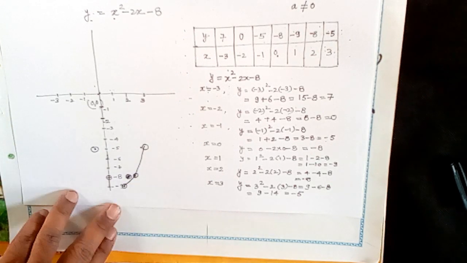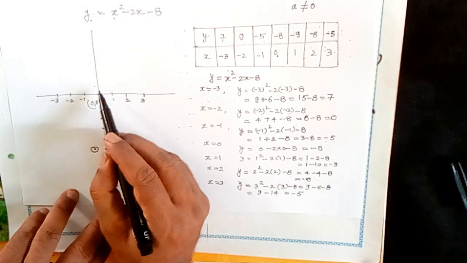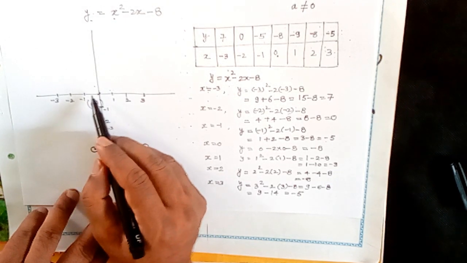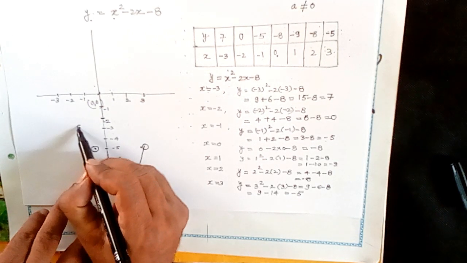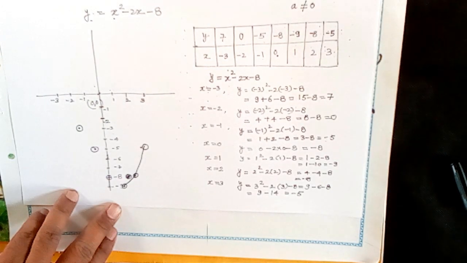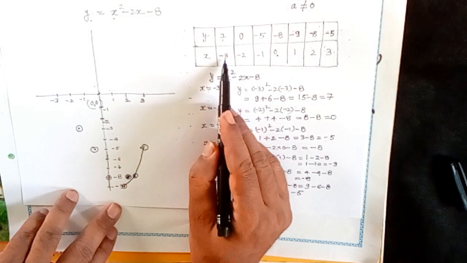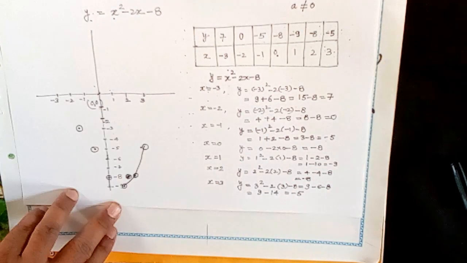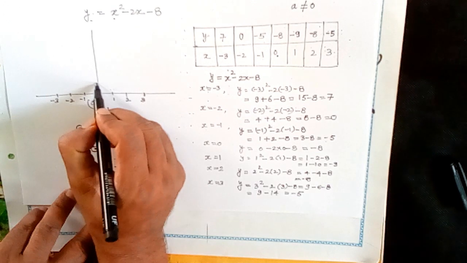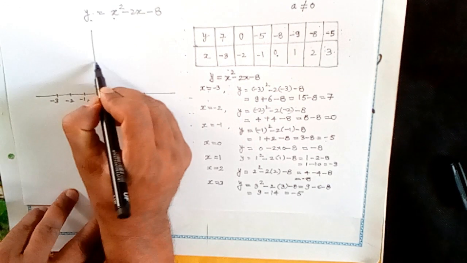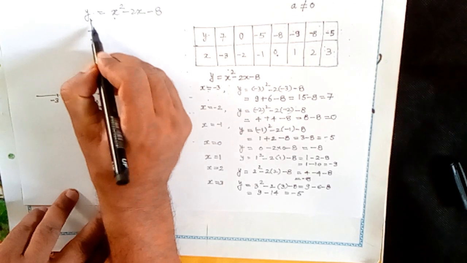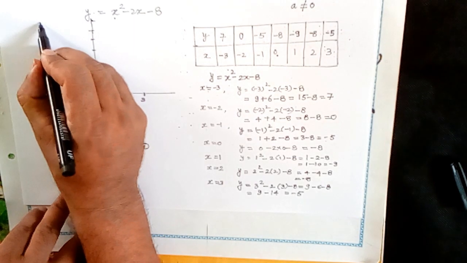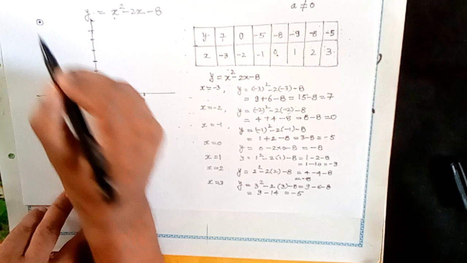At -2 we are getting this, at -3 we are getting +7. We have to go in this way, 1, 2, 3, 4, 5, 6 and nearly about this. So this value will be here around -3, we are having 7, x equal to -3 we are having 7.